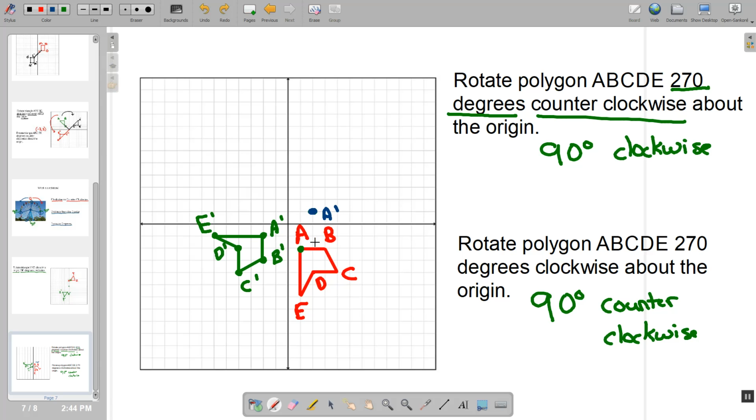Okay, so now B is over this way normally in the pre-image, so it's going to be up 2 this time, so B prime is right there. E is in the opposite direction of B from A, so I'm going to go 1, 2, 3, 4 to get our E prime over here.